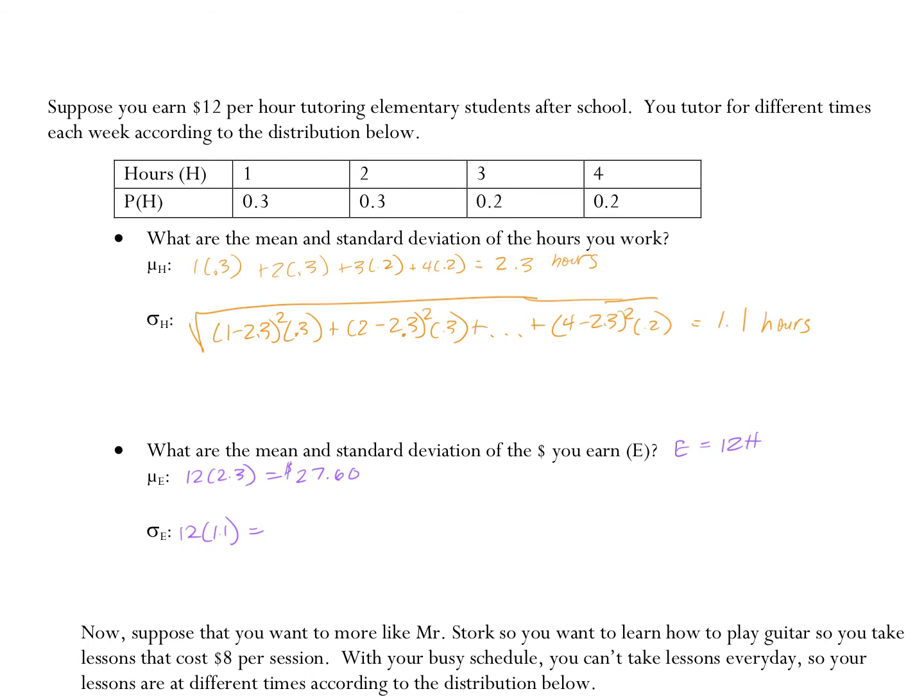I think I added with my decimal place in the wrong spot. I did 0.36 instead of 3.6 or something. And then 13.2. But again, this is money, so we're going to call that $13.20. Everybody good?